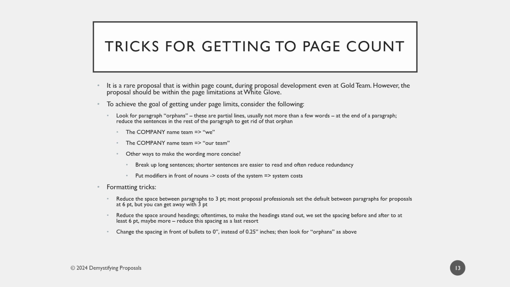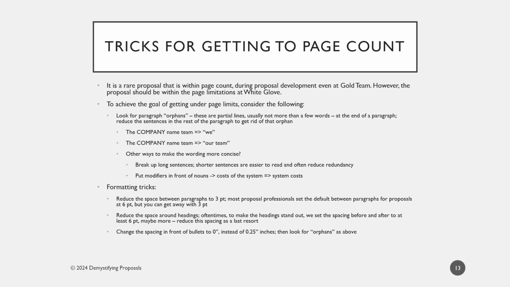You can also reduce the space around headings. A lot of times we put a fair amount of space before and after our heading 1, heading 2, heading 3 styles. Consider reducing that amount of space, particularly for a heading that comes right before text or right after text. It's okay if your headings are a little closer to text than you're used to seeing them.